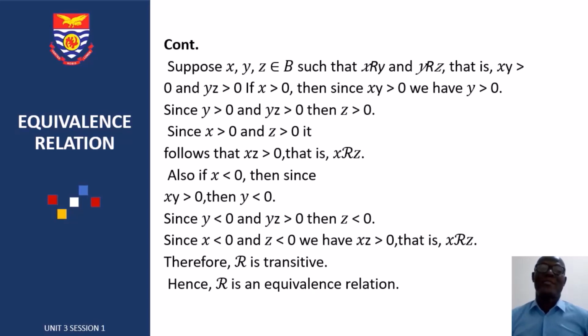We want to show that the relation R is transitive. Now, for the relation to be transitive, we take X, Y, Z to belong to the set B, so that our X related to Y and Y is related to Z, which implies that X is relating to Z. Now, if X is related to Y, then our XY is greater than 0.